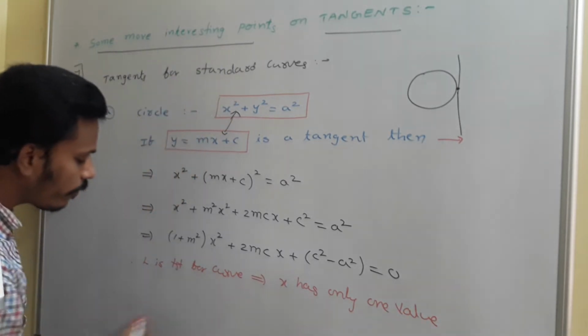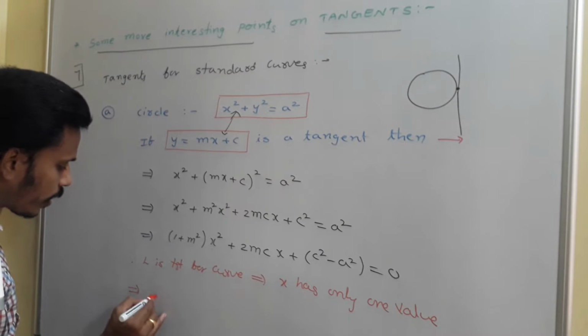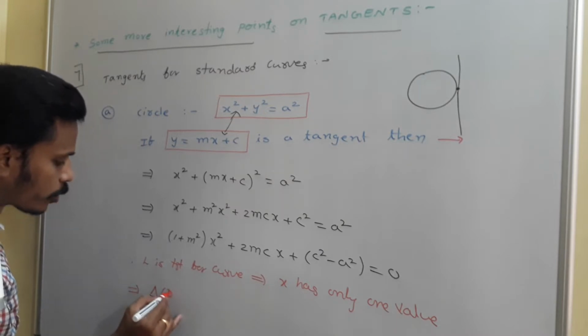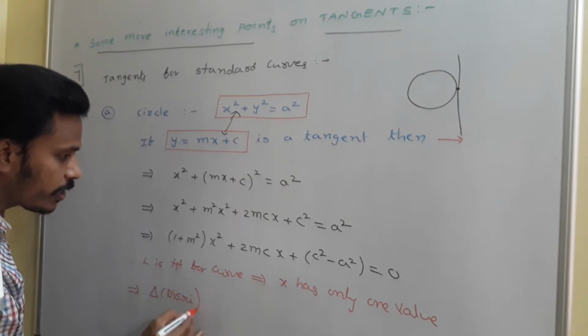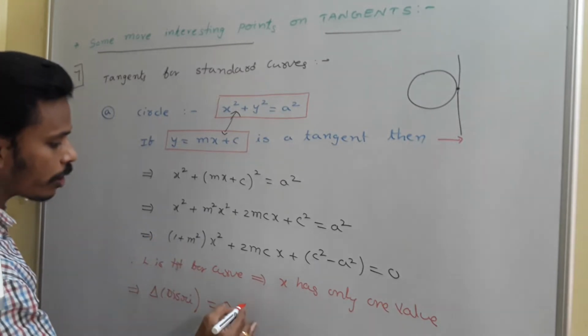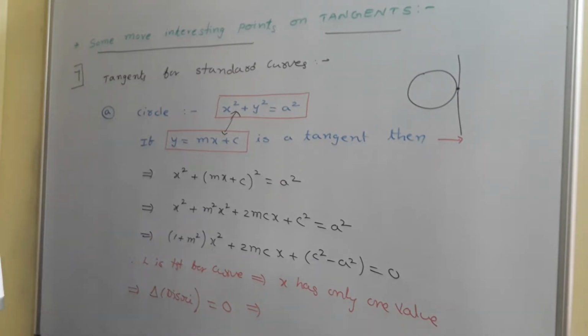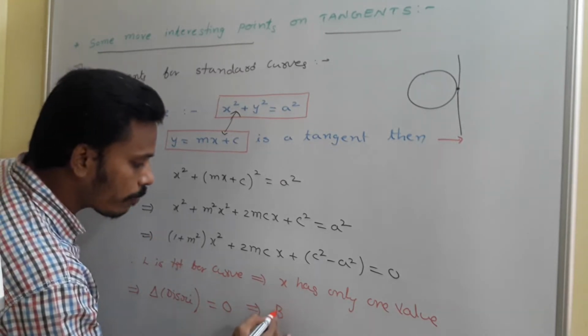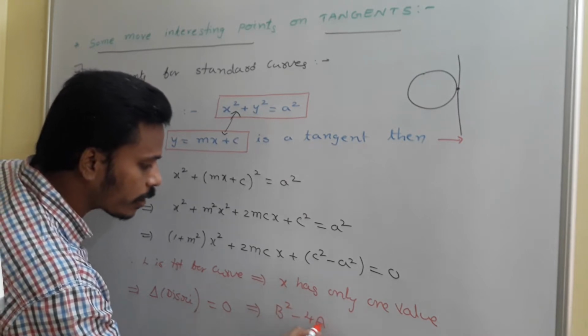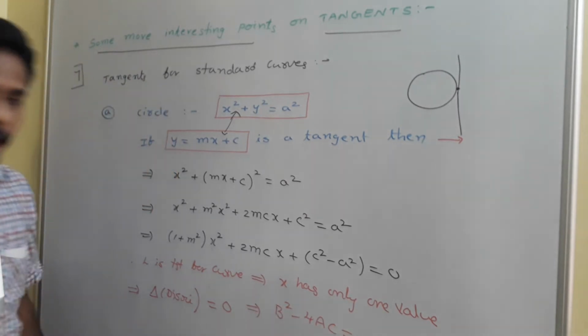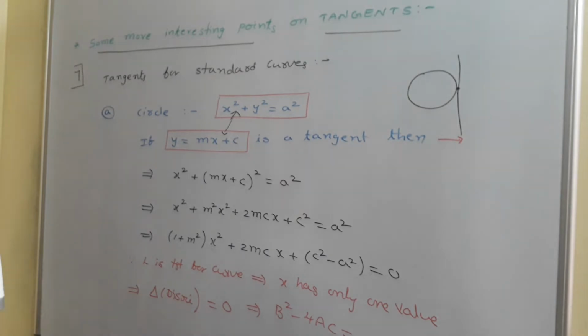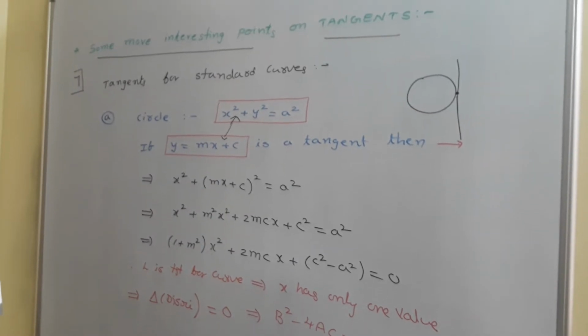Since x has only one value, one thing is very clear: delta, the discriminant of the quadratic, is equals to 0. We know the discriminant is b square minus 4ac is equals to 0, where b is the coefficient of x, a is the coefficient of x square, and c is the constant. We need to replace all those things. So what is b?